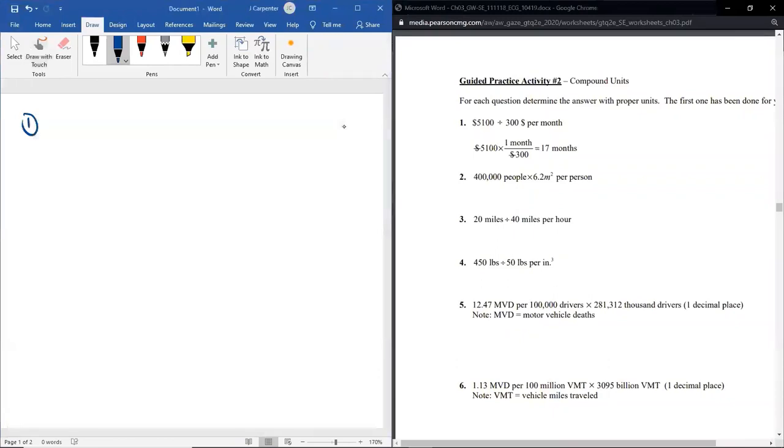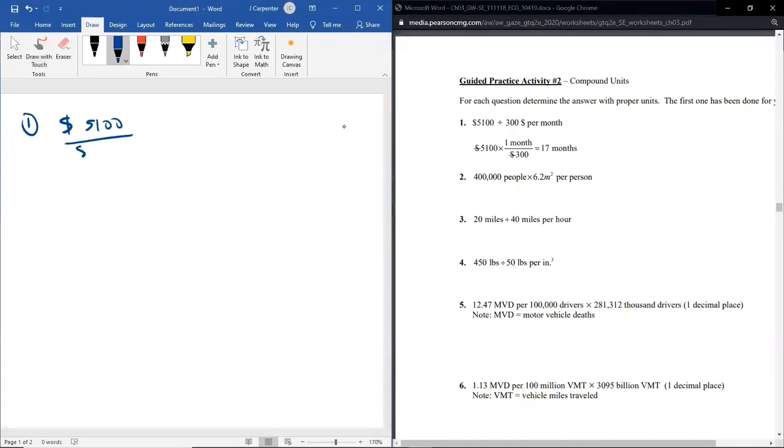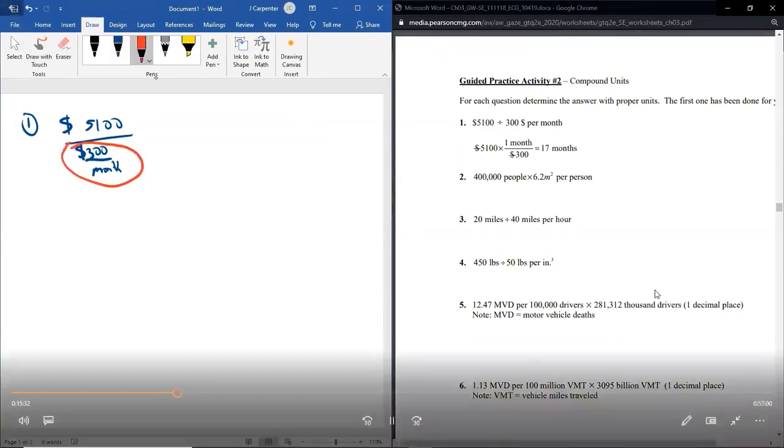We take the $5,100, and then it says divided by $300 per month. Now, some people might write it this way, and then $300 per month. Remember, the word per always means a division and the thing goes in the bottom. And you might say, well, Mr. Beckner, you already had a bottom. Well, I did, but the thing is, that $300 per month is its own entity.